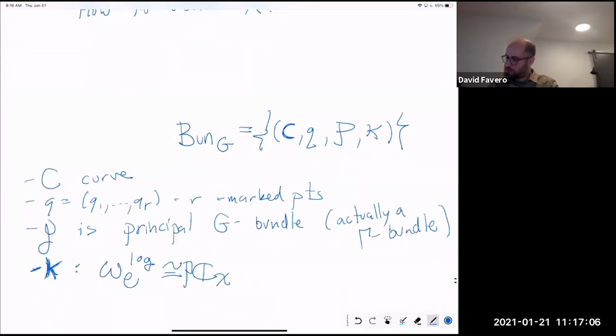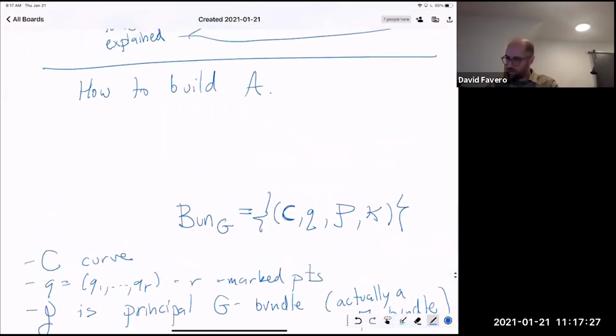Chi is a character of G. So anyway, there's some data. And above it, I have the universal curve. And above that, I have the universal principal bundle. I'll call this map from the universal curve down pi. Okay?